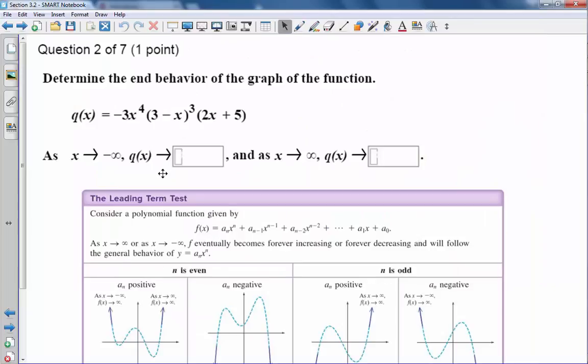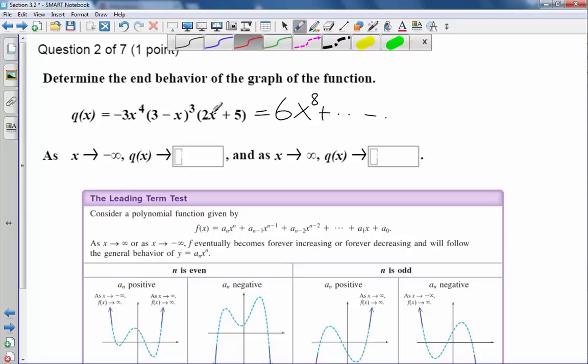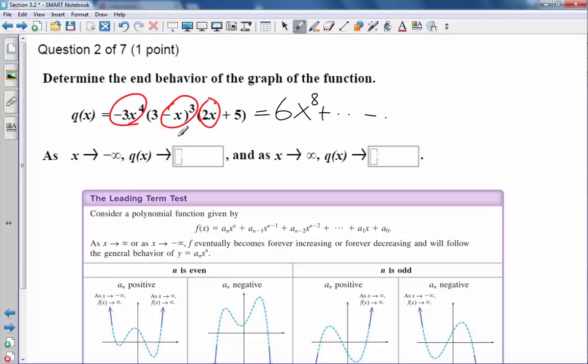Like in this one, we found out that it was positive 6x to the 8. This was starting with 6x to the 8 and something else. How did you get it? You basically multiplied all x's with powers. So I got 6x to the 8, and I know that x to the 8 is U-shaped, something like this.